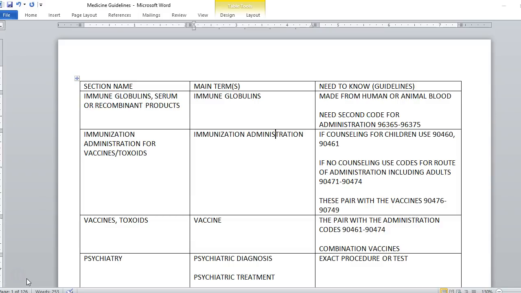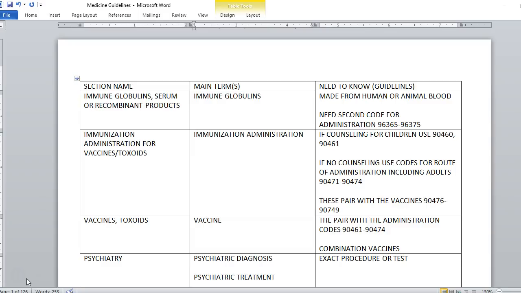And then we also get paid for what is inside of that needle or that IV bag. The administration codes range. Some insurances only pay a few dollars, some will pay $15, $20 for an administration. So we pair these together with what is inside. So first we need administration and then we need the product. The big thing here is the immunoglobulins do not use the same administration codes as the vaccines.